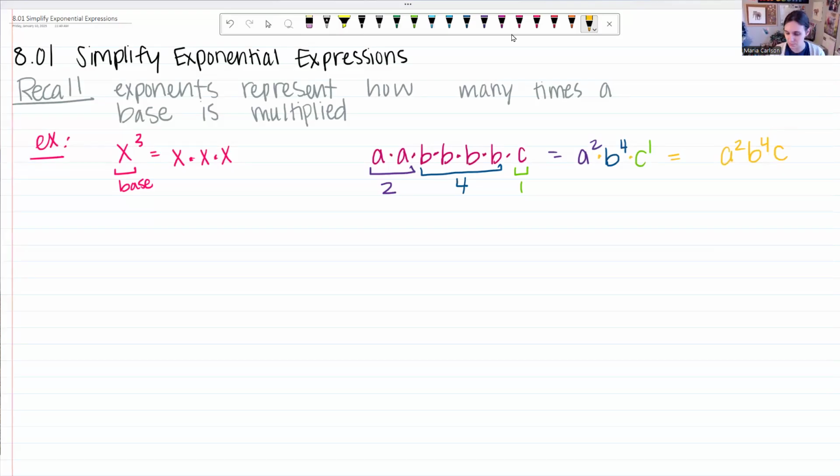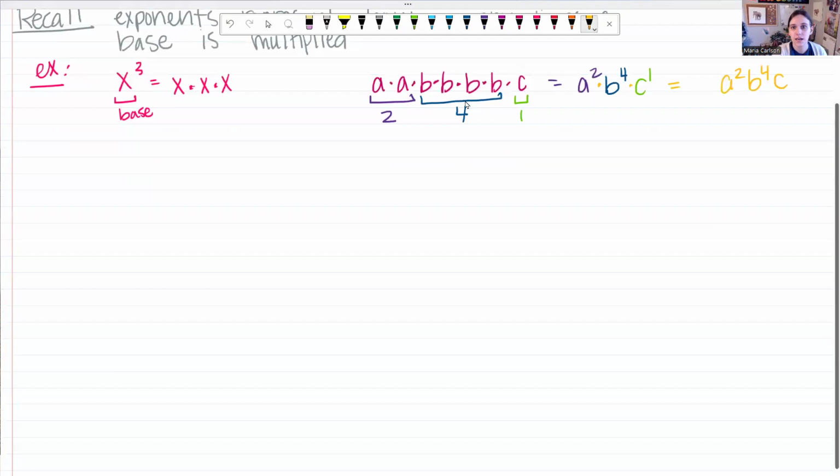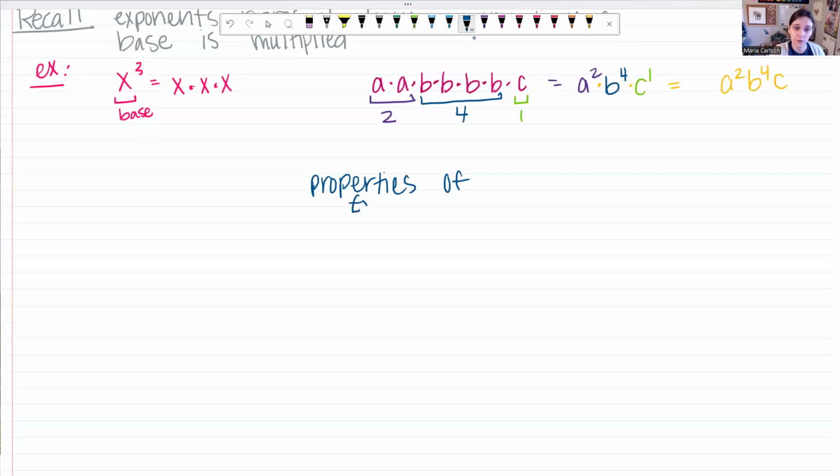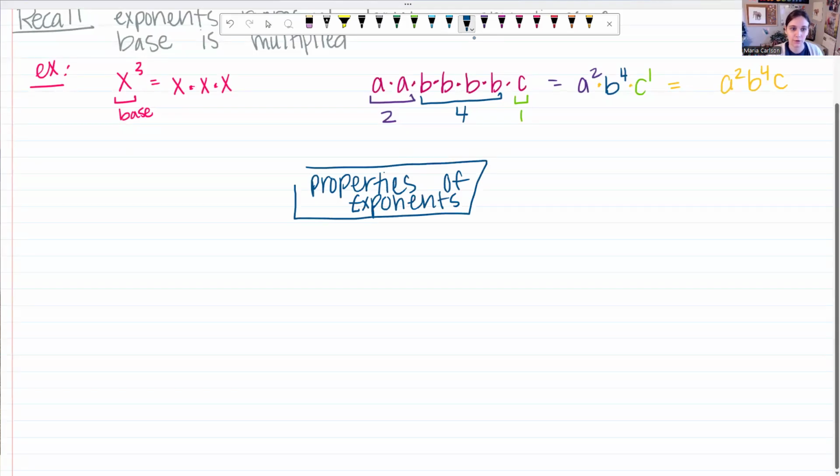So let's look at some properties of exponents and operations that we can do with exponents. And these should feel familiar because we've looked at them before. It's just an important reminder as we get into this new unit, which is all about exponents.